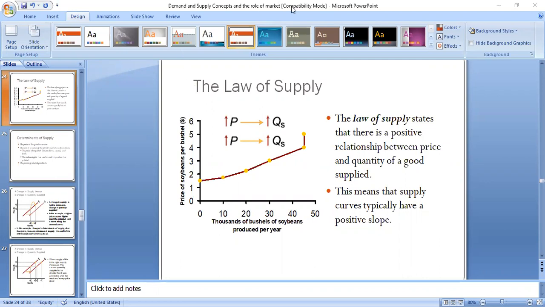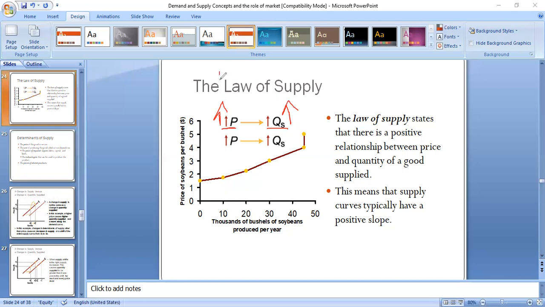relationship between the price of a particular good or service and the quantity supplied. So a positive relationship means that as one variable is increasing, even another variable will be increasing. In this particular case, we have two variables: the price of a good or service, and the quantity of the good or service. So for a positive relationship, it means that when price of a particular good or service is increasing, even the quantity supplied will be increasing.